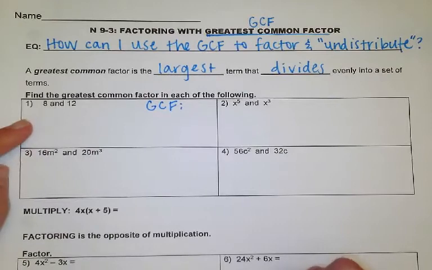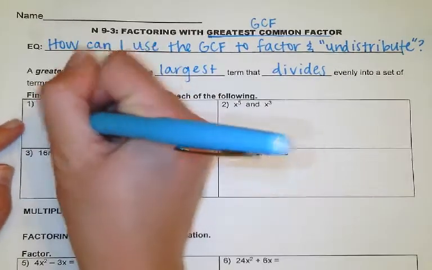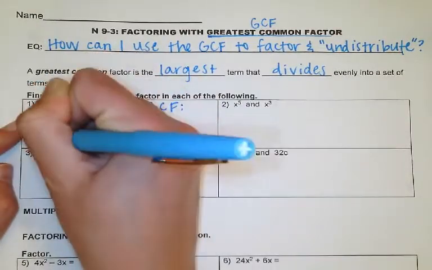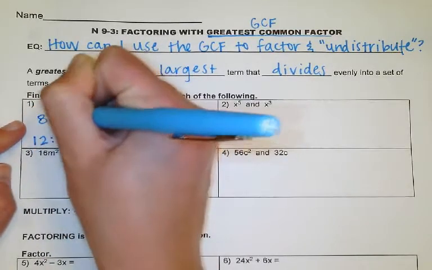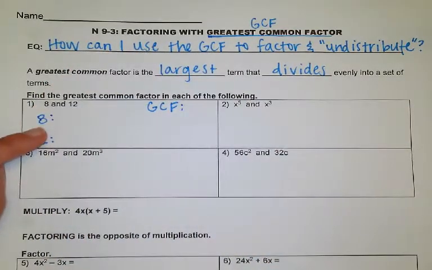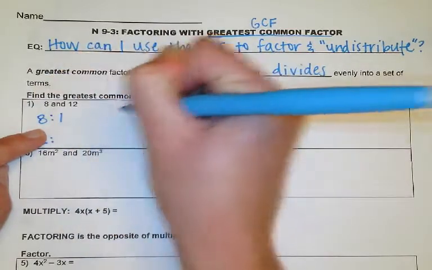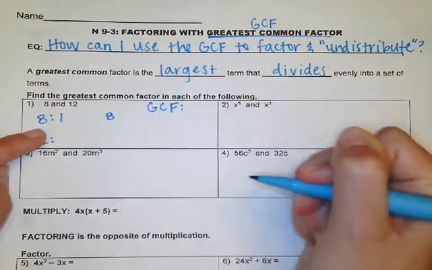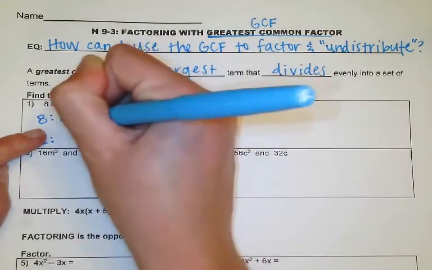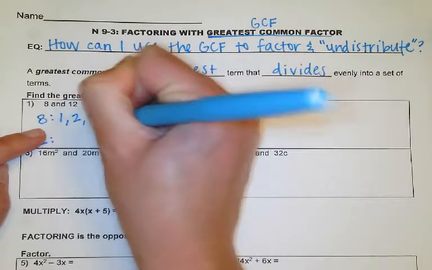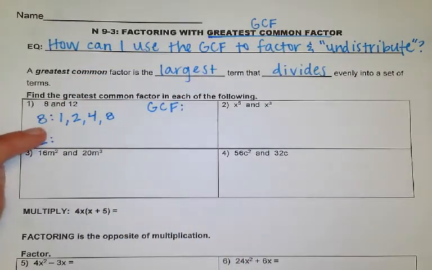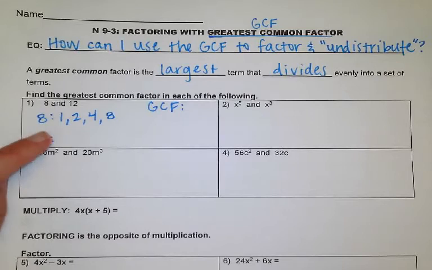Maybe back in elementary school, your teacher, if you were like me, my teacher made me list out all the numbers that can go into 8. Like 1 and 8, 2 and 4. But if you try to divide it by 3 or by 5 or 6, that doesn't work.